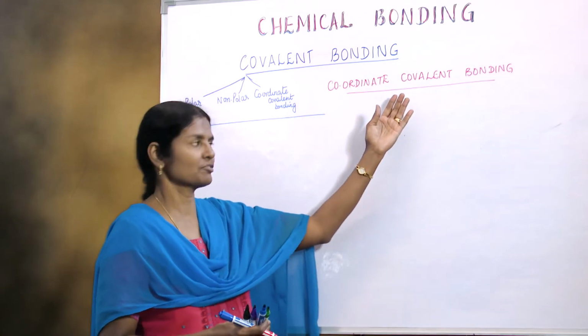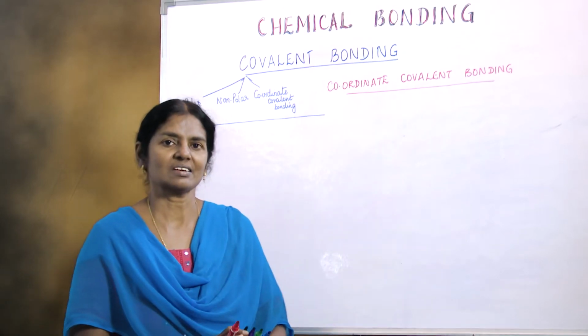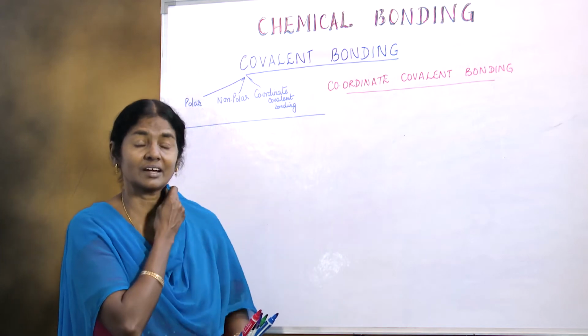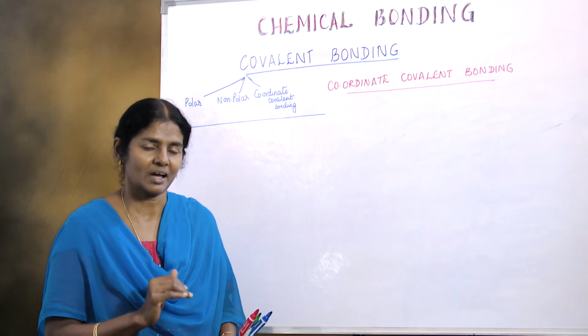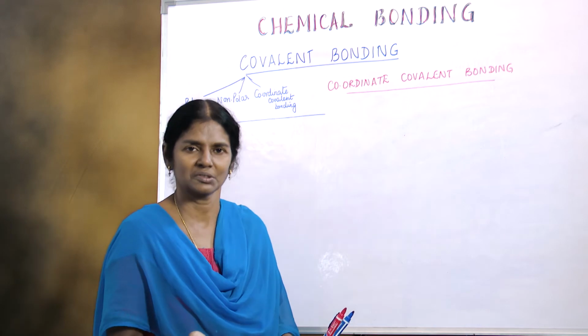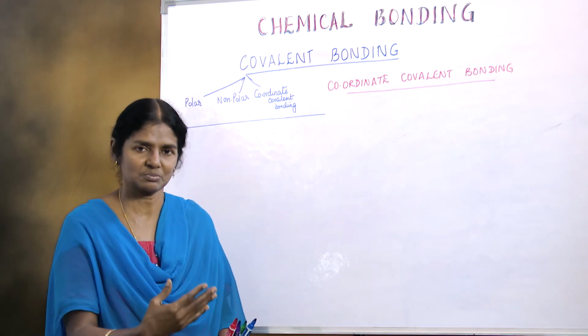The third type of covalent bonding is coordinate covalent bonding. See, supposing I come to your house and I have no other place to stay and I have to be accommodated in your house, and you say, okay ma'am, I will share my room with you. The room belongs to you, but you are sharing your room with me.